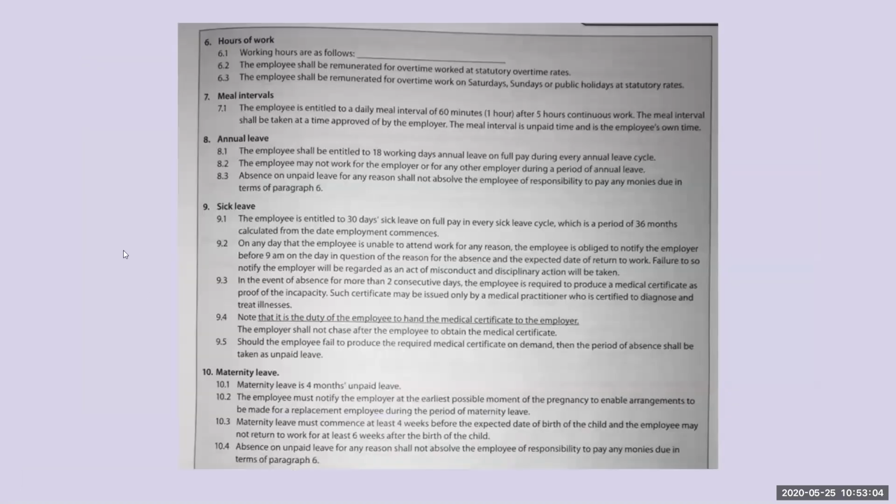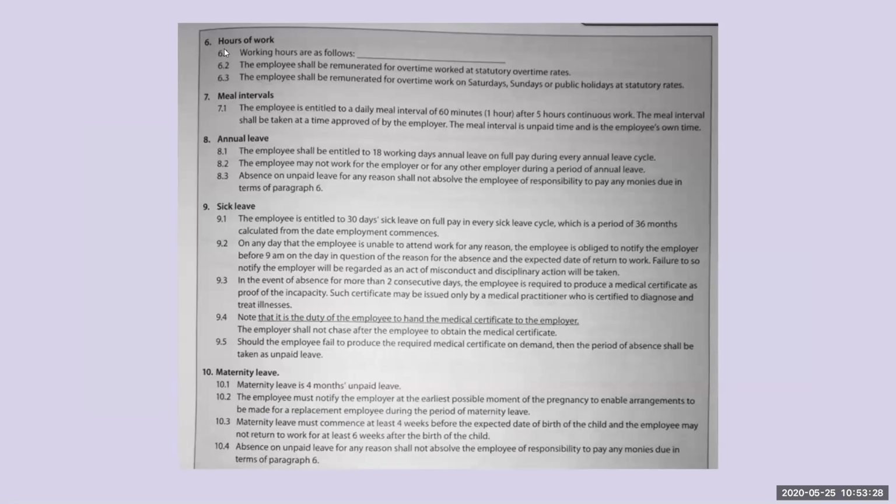All right. Let's have a look at number 6. Number 6 will stipulate the hours of work. So these are my normal working hours, and they will be filled in here. For example, Monday to Friday from 8 o'clock in the morning until 4 o'clock in the afternoon. And usually there's also stipulation for overtime. So the employee shall be remunerated for overtime worked at statutory overtime rates.